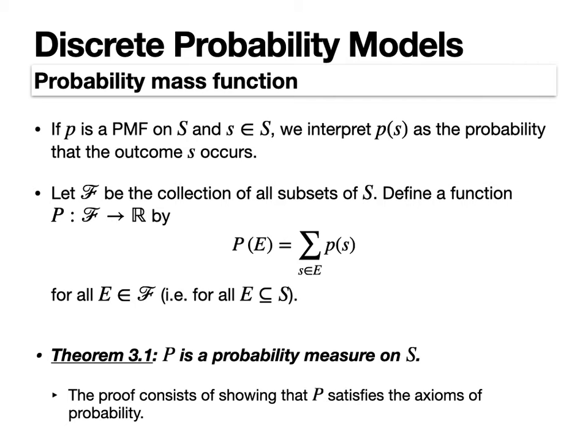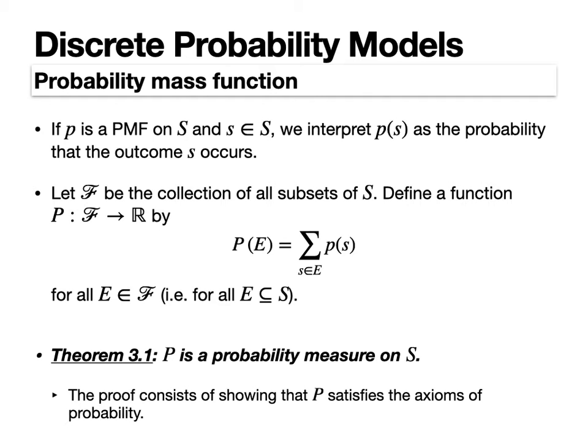If you take any event, E, any collection of outcomes in S, you compute the probability of E by simply summing the probability mass function across all outcomes in E. In other words, we're defining the probability of an event E as the sum of the probabilities of all the outcomes in E. Then it turns out that probability measure, capital P, is going to satisfy the axioms of probability, those 3 axioms we saw in our first unit.